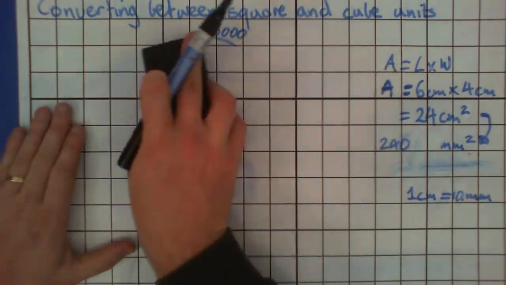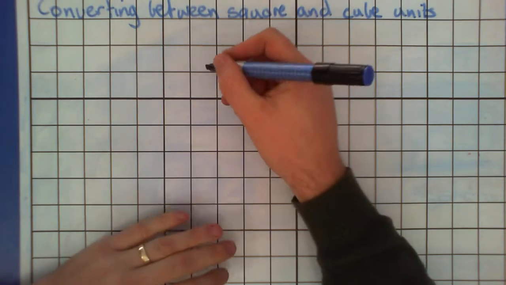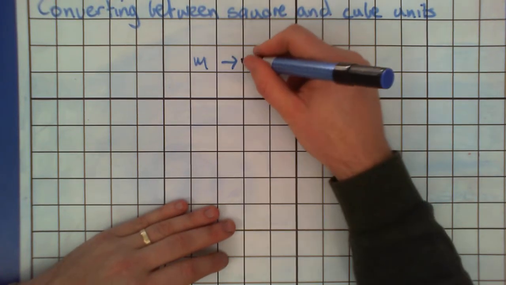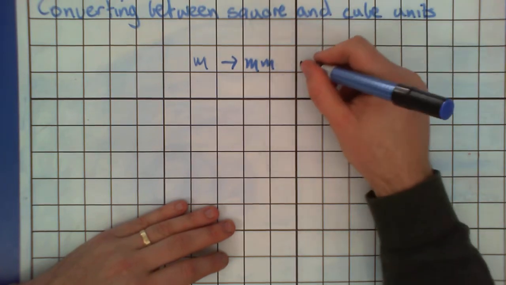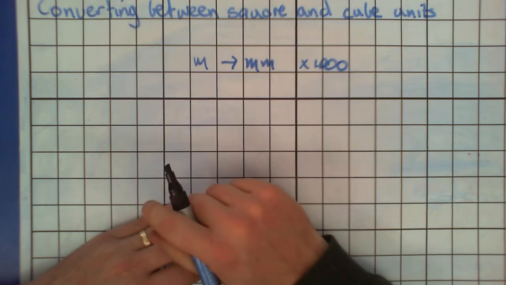Okay. Now, if we wanted to do some of our other ones, just think about our normal ones that we were going from meters to millimeters. Okay, at the start of the video, we said that that was times by 1,000 because 1 meter is 1,000 millimeters.